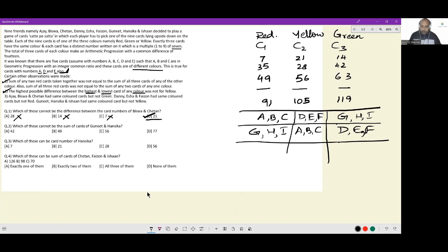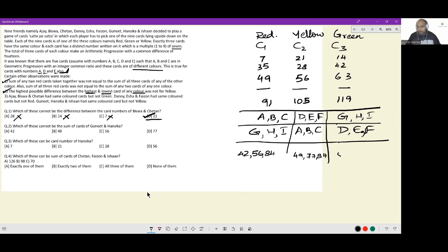Okay. Another way of potentially doing it, if I write down my numbers again. Sum is also tested here, difference is also tested here. So I'll write down all possible summations first. 42, 56, 84. Here the summations will be 49, 77, 84.